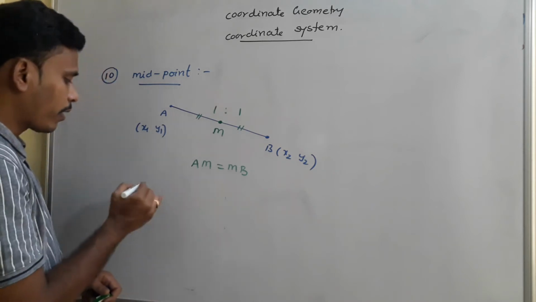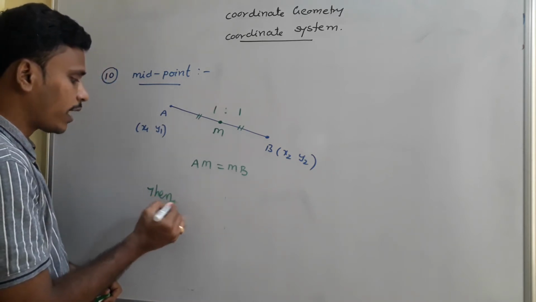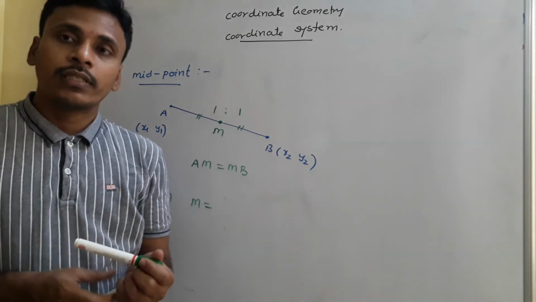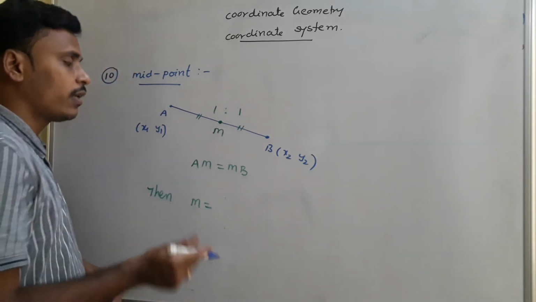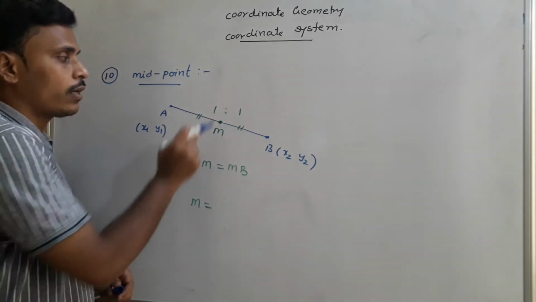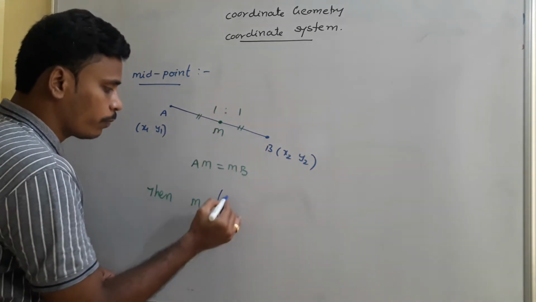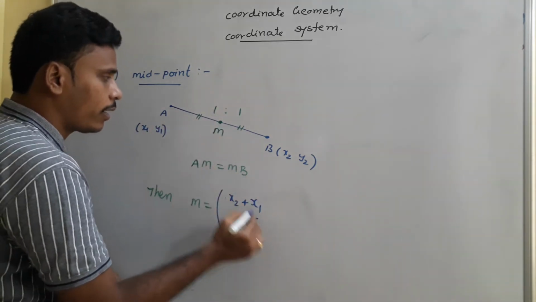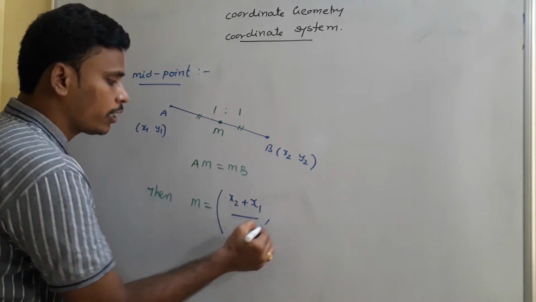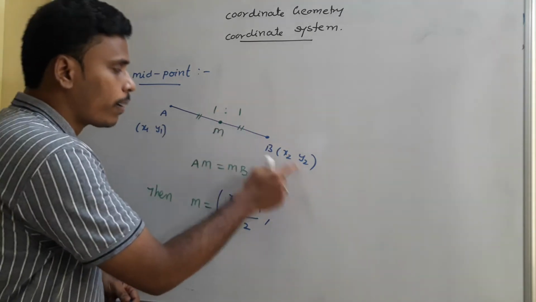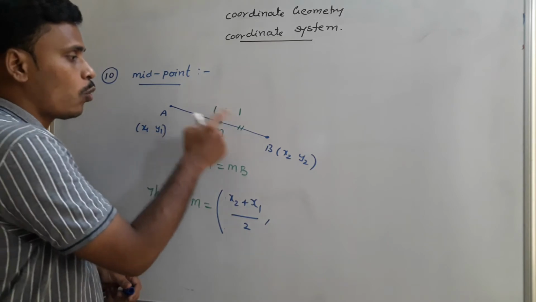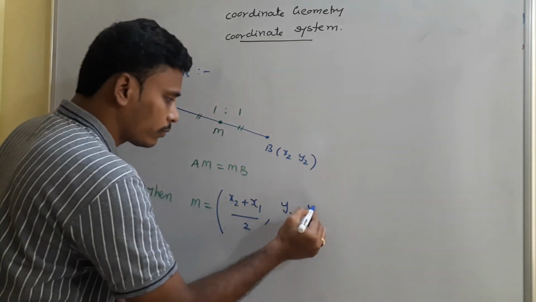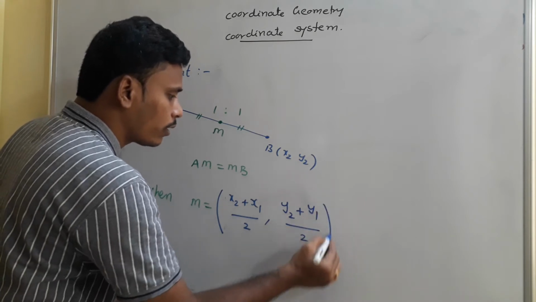Since the ratio is 1 is to 1, if you use the section formula, (mx2 plus nx1) by (m plus n), (my2 plus ny1) by (m plus n), here m is 1, n is 1. So 1 into x2 plus 1 into x1 divided by 1 plus 1, which is 2, and 1 into y2 plus 1 into y1 divided by 1 plus 1, which is 2.